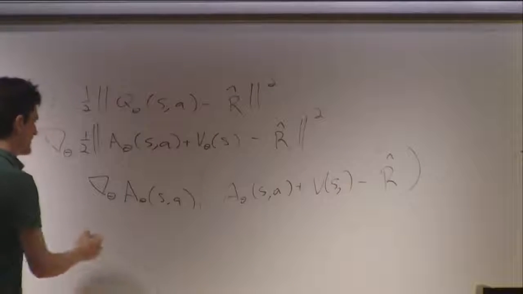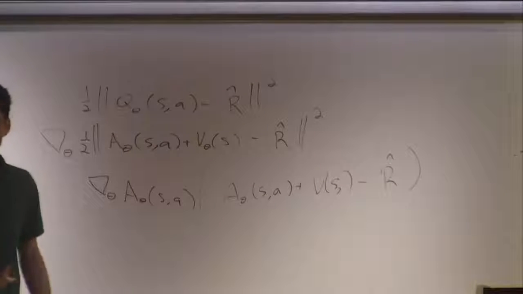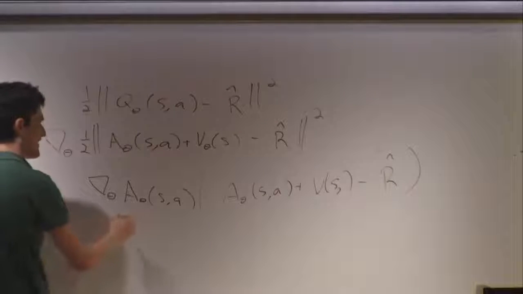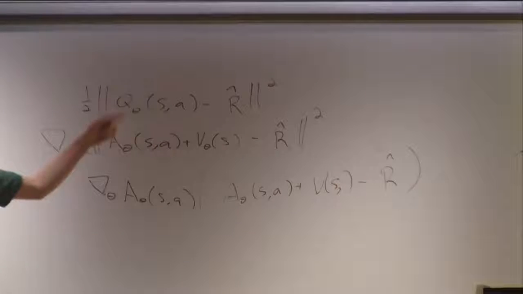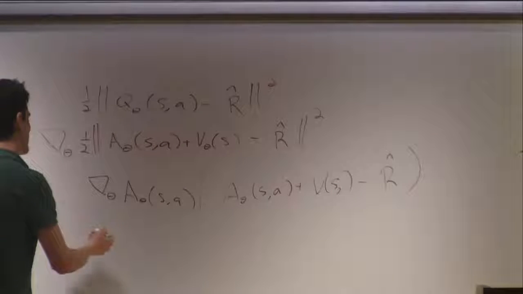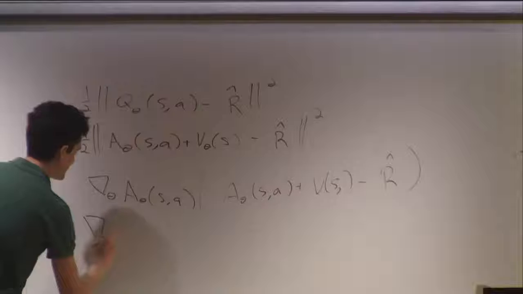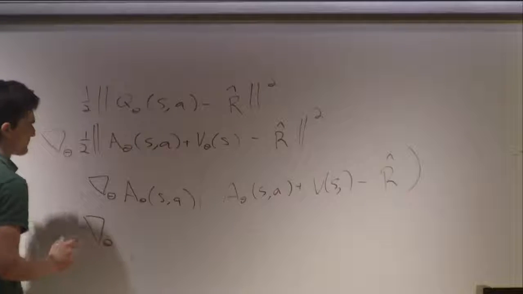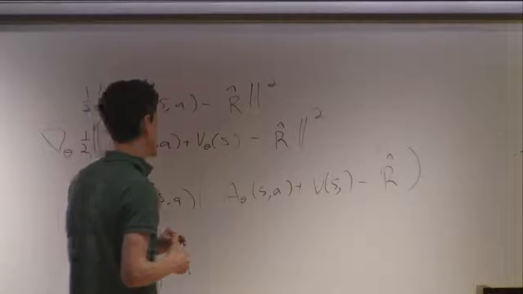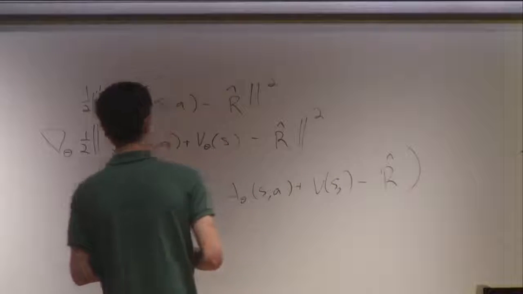So this is your loss function gradient, and let's say we want to do gradient ascent. Because we want to do gradient descent on this one, but let's say we want to do gradient ascent, then we want to look at the negative of this gradient.